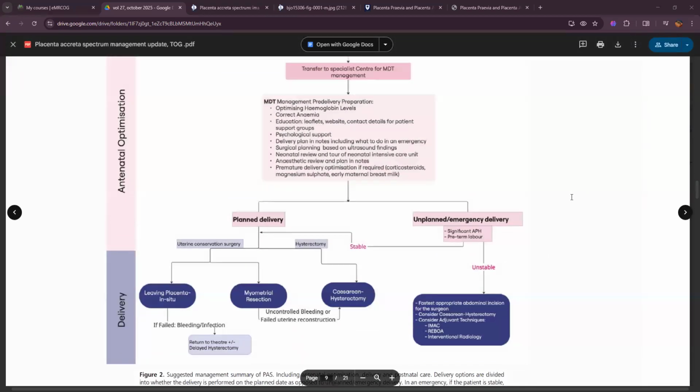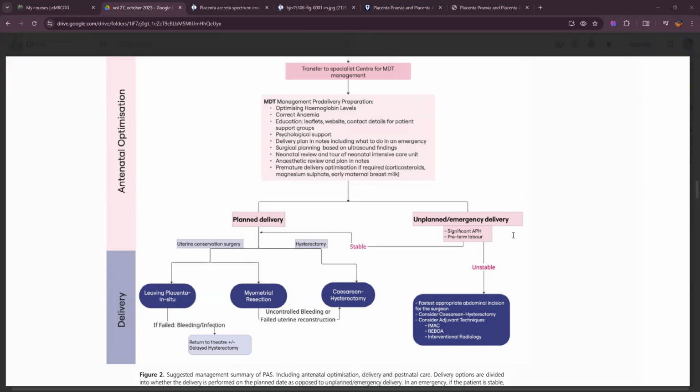Let's see, this is the proposed algorithm, for if you are going to plan a delivery with hysterectomy or without hysterectomy. I love the algorithm totally. They are telling you about the MDT and whether we are planning delivery or this is an emergency cesarean section.